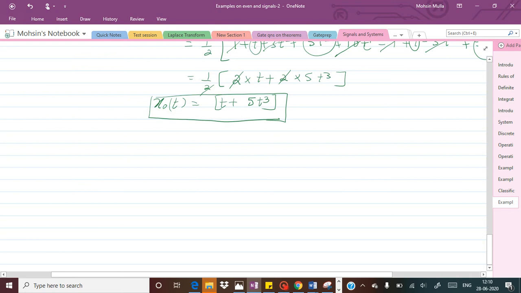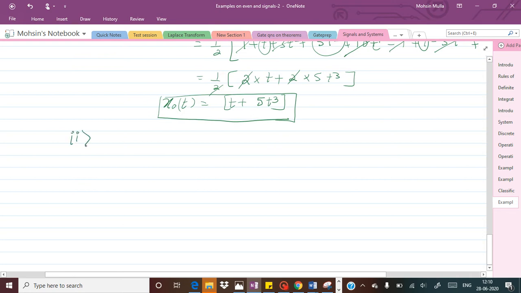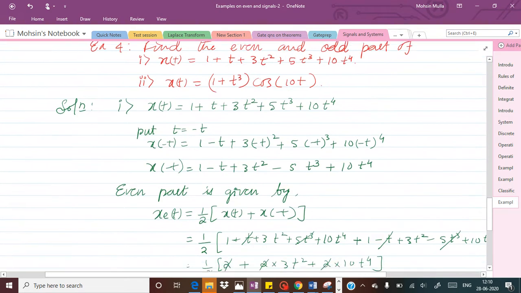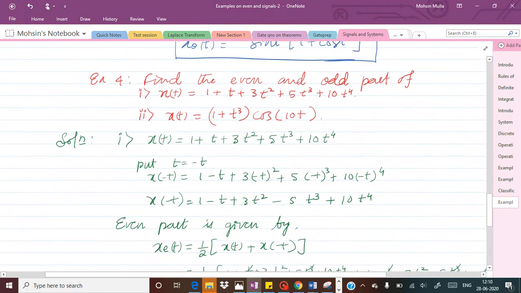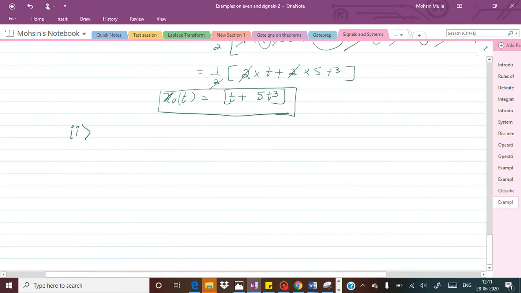Okay, so now let us take the second example of the same problem. What's the second example? x of t equal to 1 plus t cube times cos of 10t.